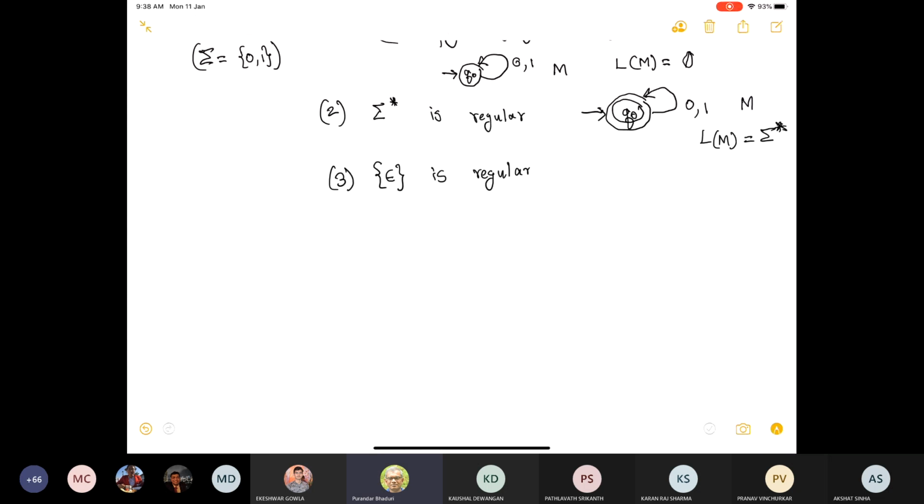Well, as I said earlier, unless the initial state is also a final state, epsilon is not accepted. So this has to be the case. But then no other string is accepted. So you got to add another state which is non-final.